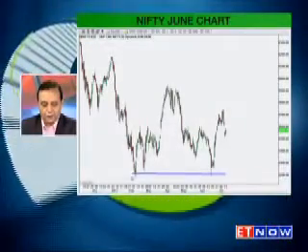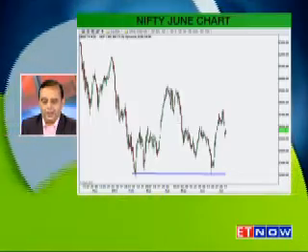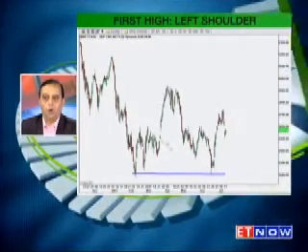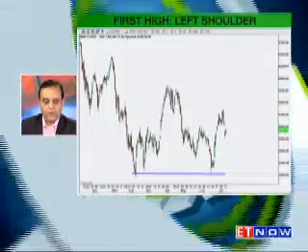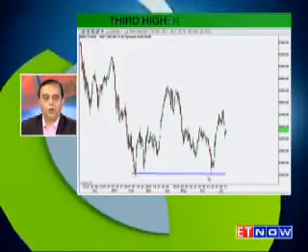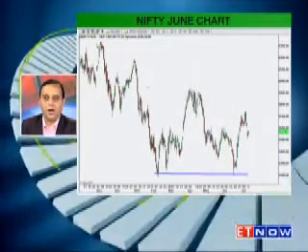You see the rise from, let's say, the February low to the high sometime in April, and then again down to the June low, which created what looked like a head and shoulder pattern. Here is your left shoulder, here's the head, here is the right shoulder, and here's the neckline, as we call it. Now, what you need to notice here is that this is off the high.